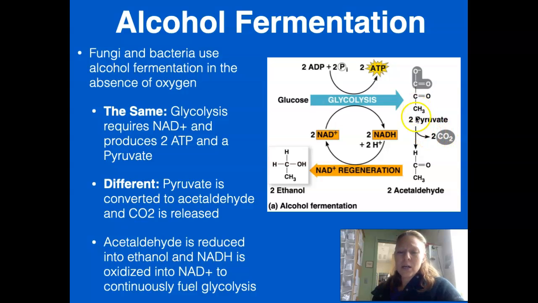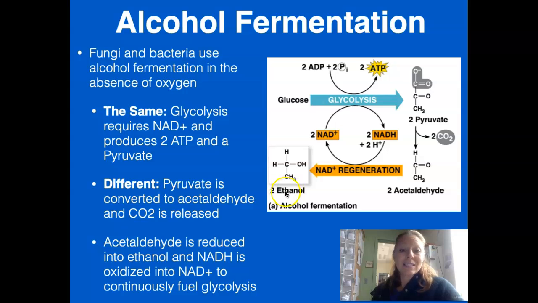And so with the CO2 gone, we now have an acetaldehyde. The acetaldehyde is then used as the hydrogen acceptor, or it is being reduced into ethanol. Ethanol is the alcohol. So OL, when something ends in OL, that means it's an alcohol.